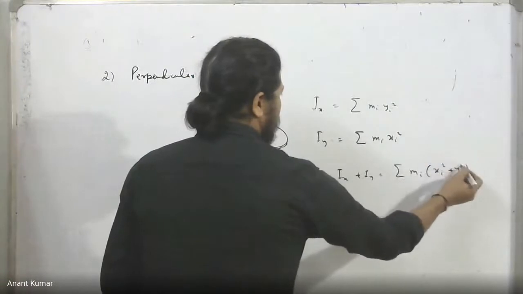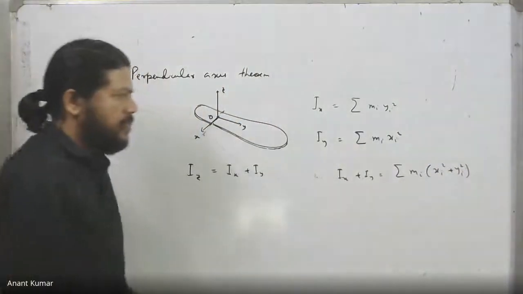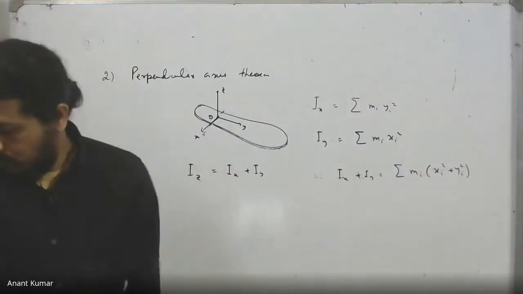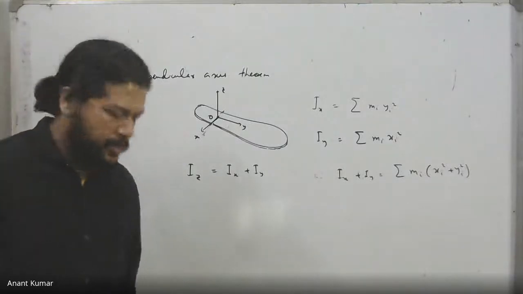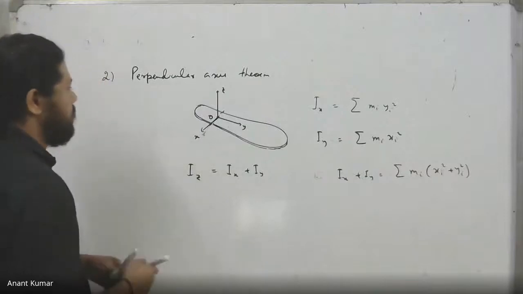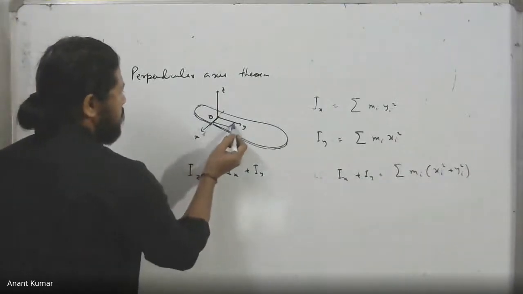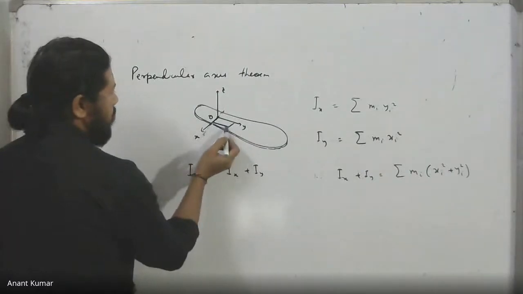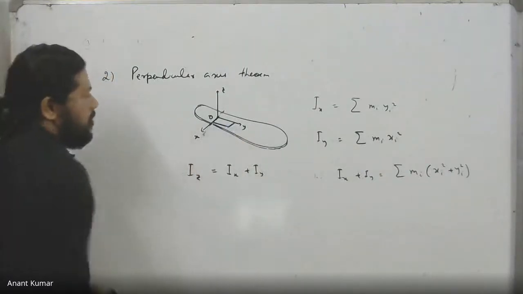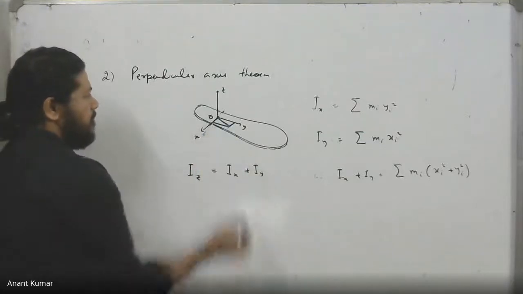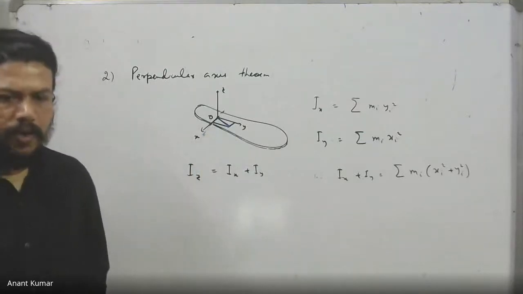However, this x square plus y square is, by the Pythagoras theorem, the distance from the axis. These two are numbers. This one is the y coordinate and this one is the x coordinate. So if I just look at this summation, I am getting in this case the distance from the z axis squared actually.